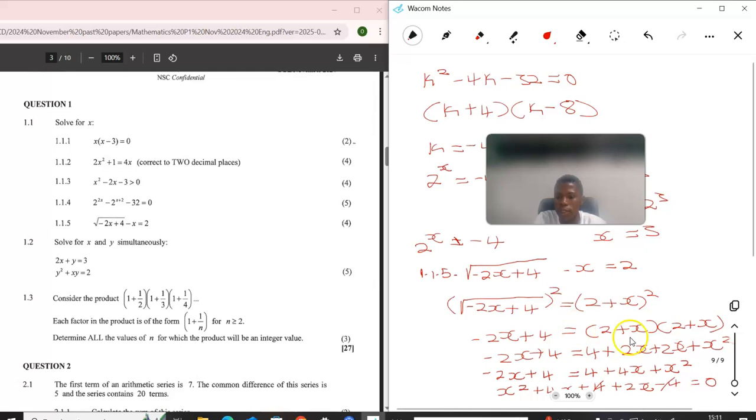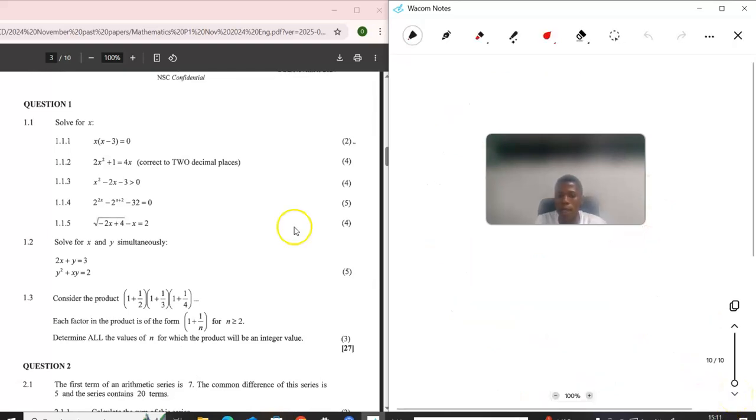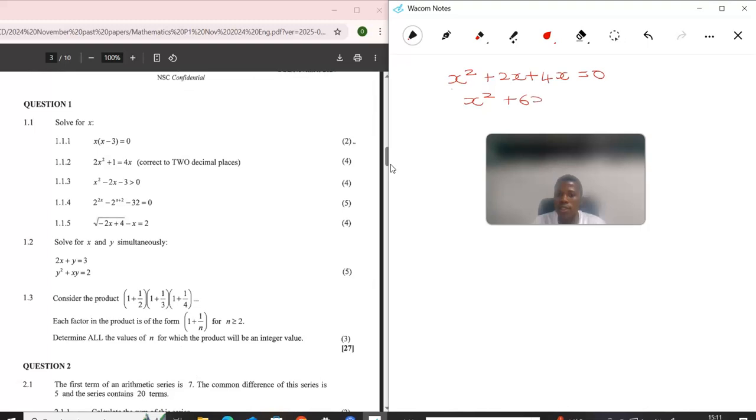Therefore I will be left with x squared plus 4x minus 2x, which is x squared plus 2x is equal to 0.